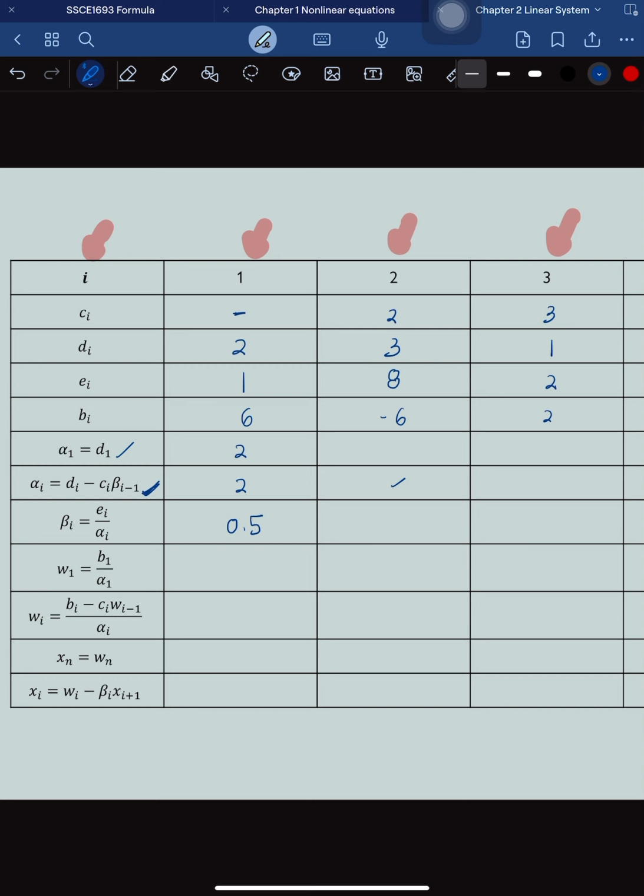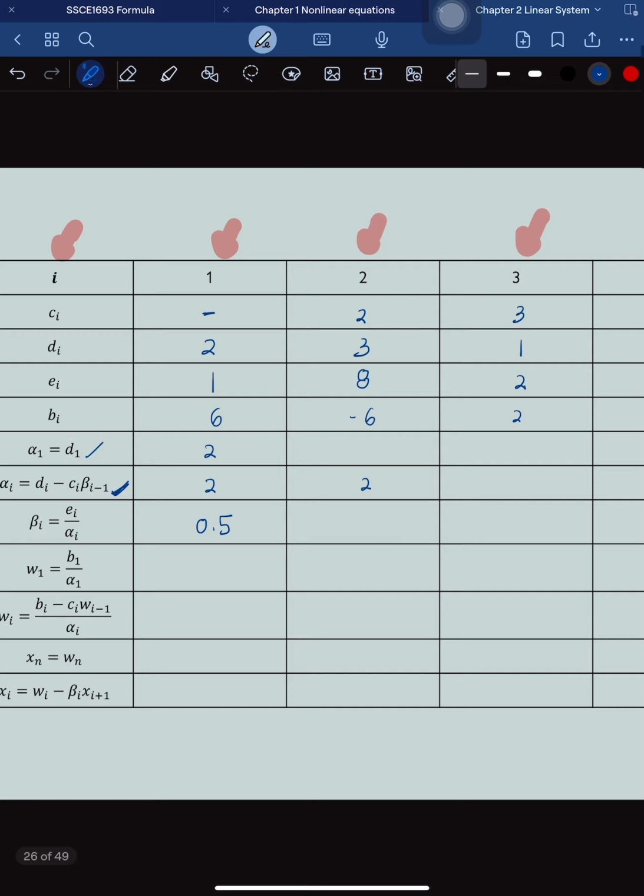D2 minus C2, 2, multiplied by beta 1, 0.5, gives 2. Now find beta 2.